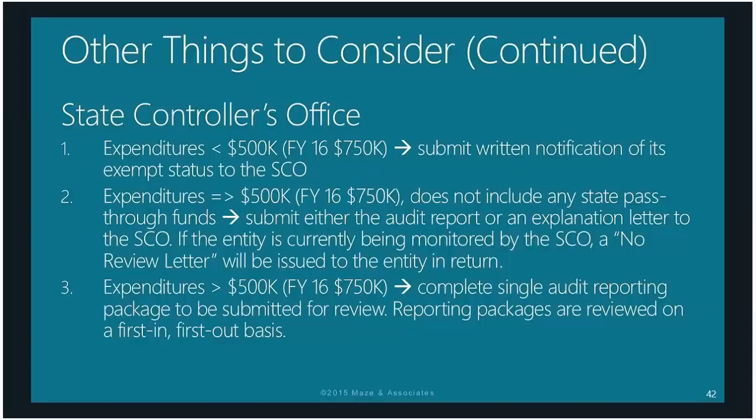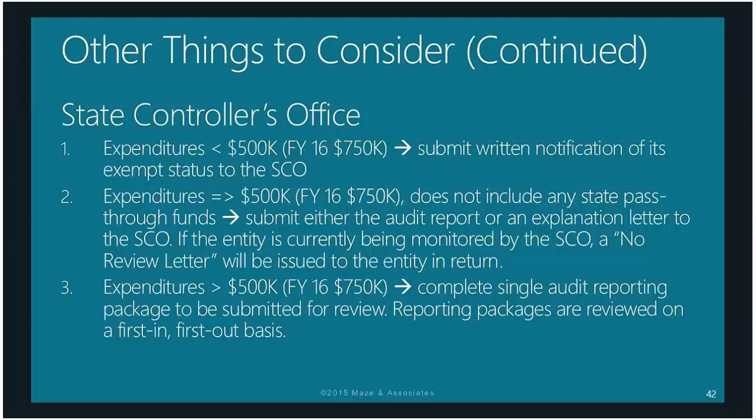But if you are currently being monitored by the state controller's office, then a no review letter will be issued to you in return. And lastly, for expenditures over the threshold, you must complete a single audit report package and submit it for review. The reporting packages are reviewed on a first in, first out basis.